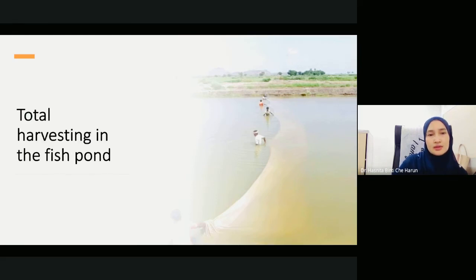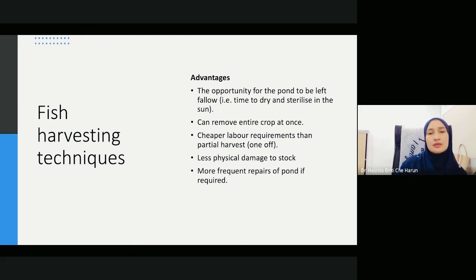Okay, total harvesting in the pond. The advantages of this method is you have opportunity for the pond to be left fallow, time to dry, to sterilize in the sun, and also you can remove the entire crop at once.